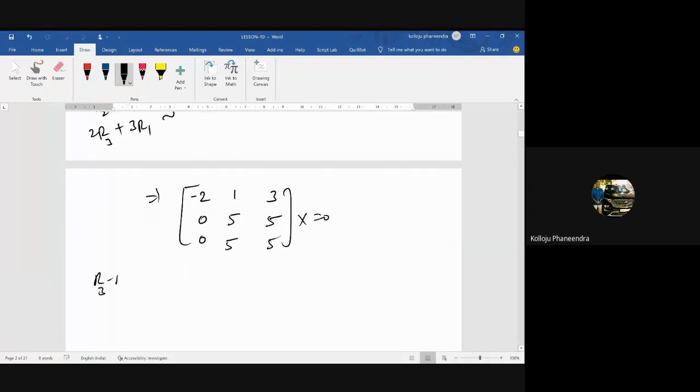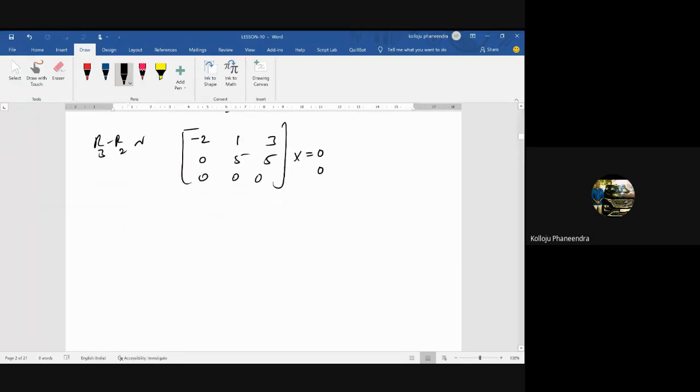Next operation is R3 minus R2 to get echelon form: rows are [minus 2, 1, 3], [0, 5, 5], [0, 0, 0]. So we are getting a zero row here, so it is echelon form.